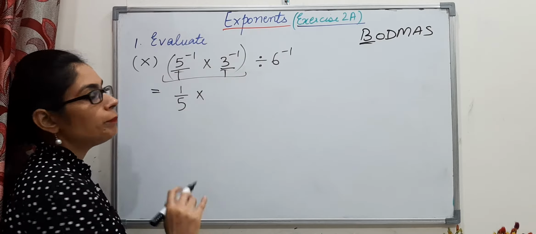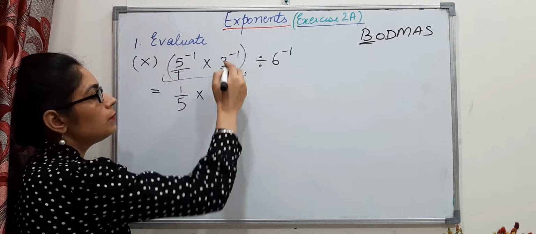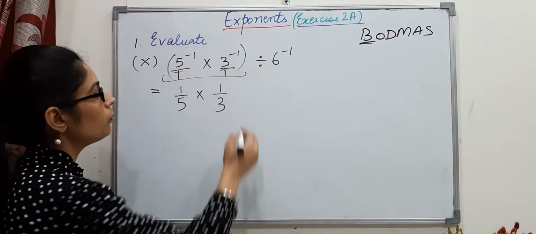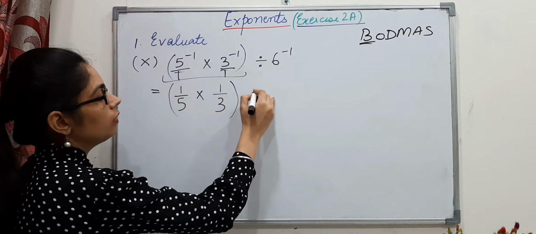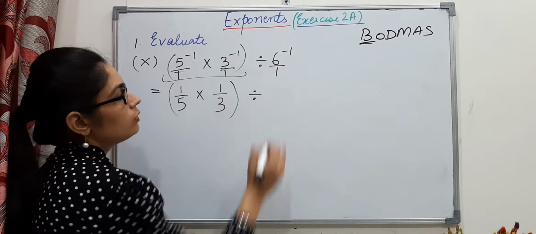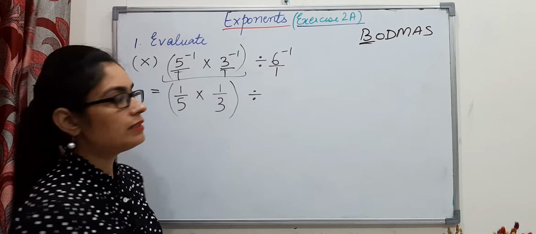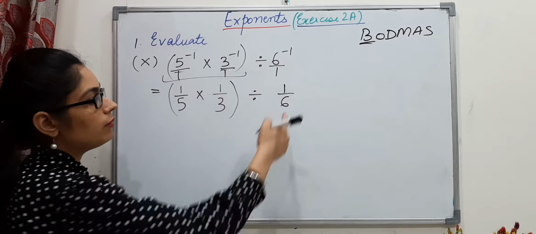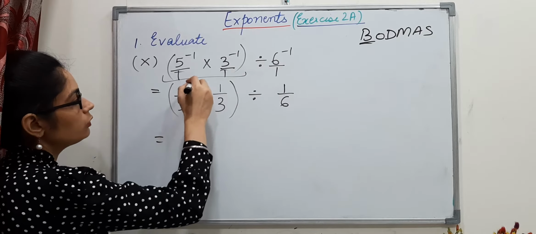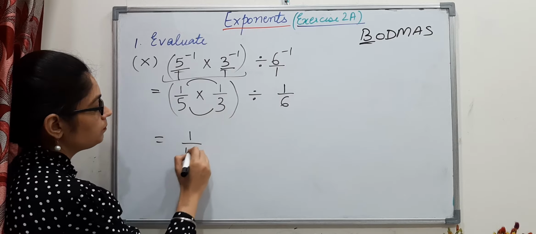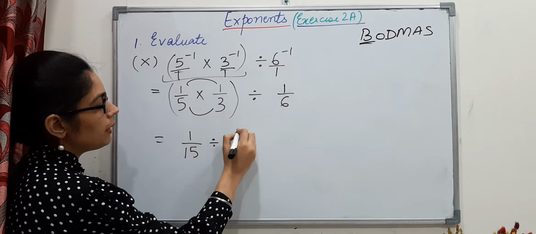Again we take the reciprocal, so it will be 1 by 3, divided by, and here also in this step we can make the power positive. So 6 by 1, its reciprocal will be 1 by 6. So the power is positive now. Here we can solve it. 1 into 1, 1, 5 into 3, 15, divided by 1 by 6.